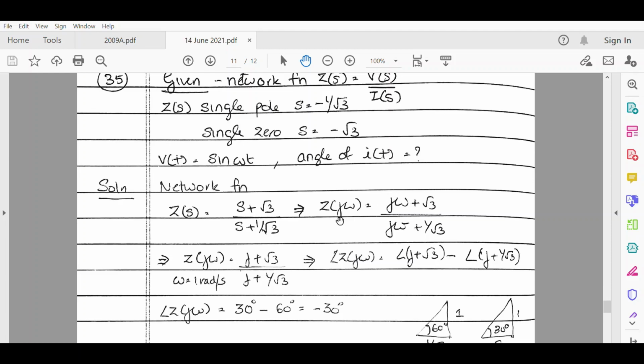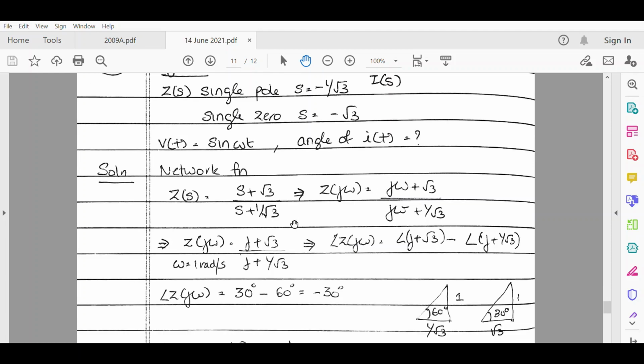And further we can substitute omega equal to 1 radians per second, since our excitation v of t is equal to sine t, and now we determine the angle of Z of j omega, which is nothing but the angle of the numerator minus the angle of the denominator.